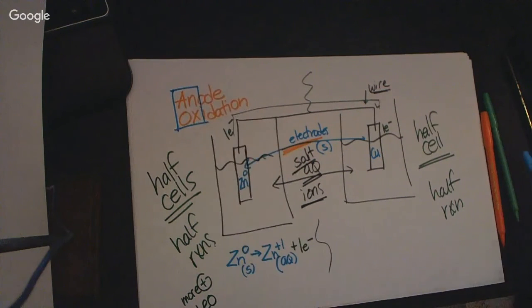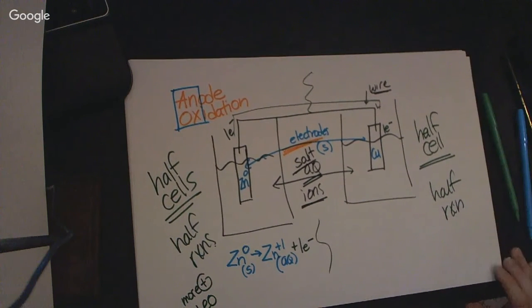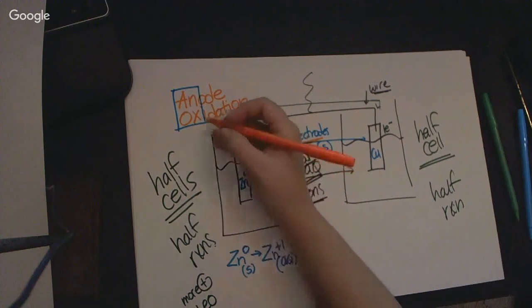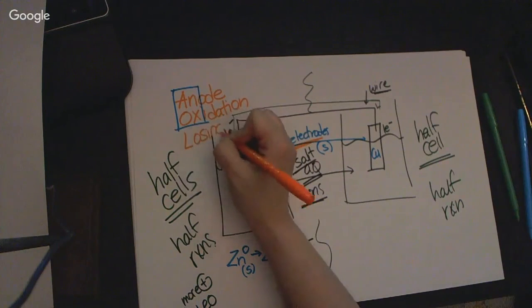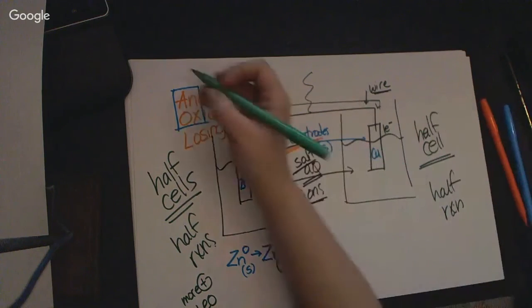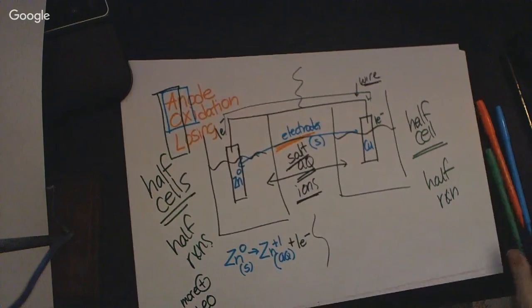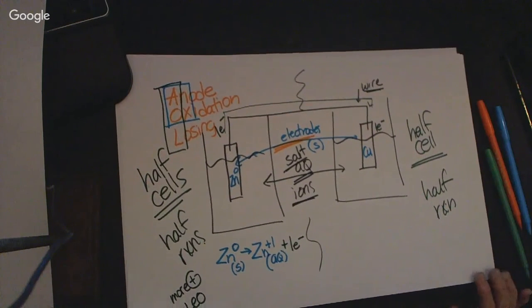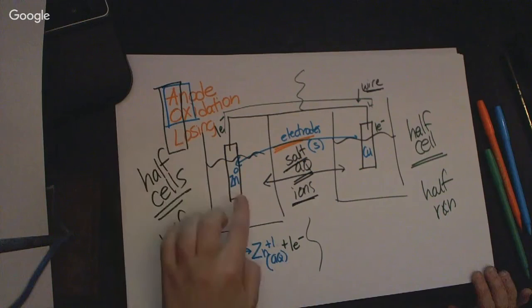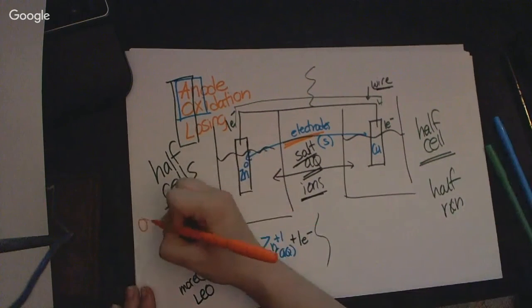The acronym here is AN OX to help you remember that, as well as another way you could think of this: the anode is oxidation. It is where losing happens, and some teachers teach AOL, which means anode oxidation losing, which is another way of helping you remember this. So this is called the anode, which is the electrode, and this would be the oxidation half cell.